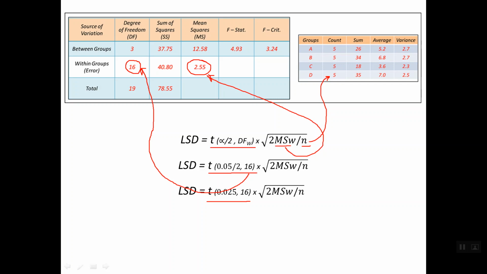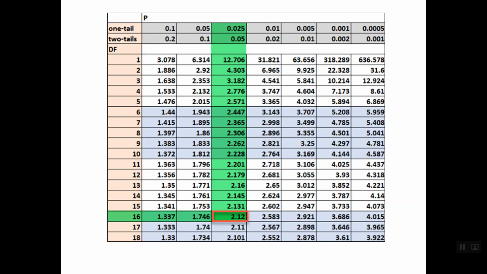So we can simply refer to the t distribution table and check for the significance level, which is 0.025, and degrees of freedom equal to 16. This is the t distribution table. Of course, the 0.05 significance level is for the two tails. So we need 0.025 for one tail.